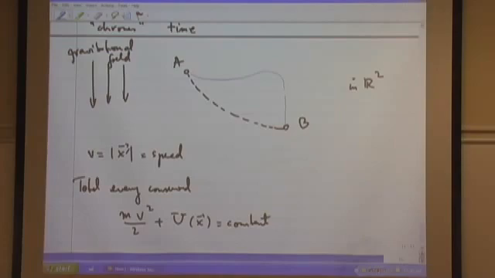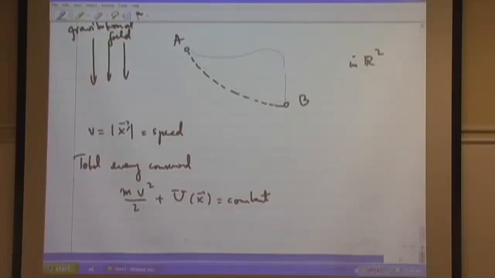The sum of kinetic and potential energy is constant. And we actually know what the potential is: mgh, where h is the height.